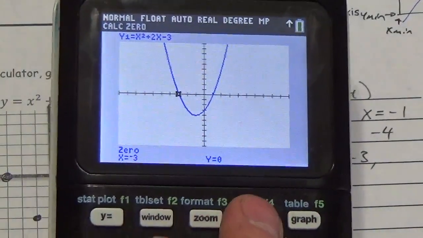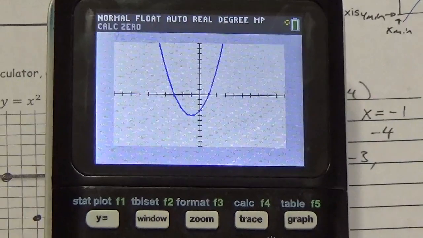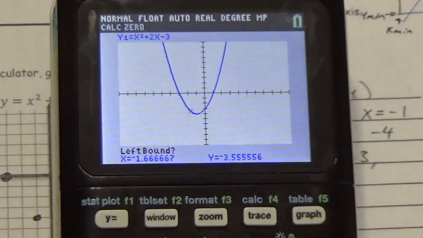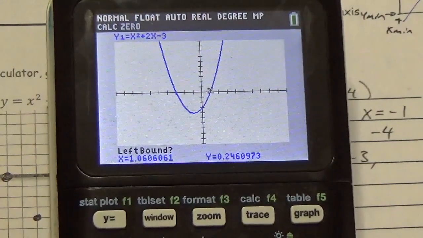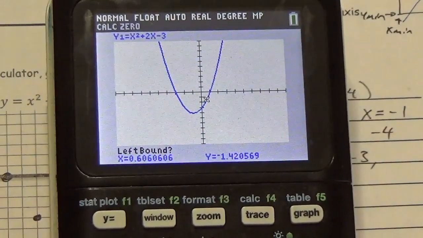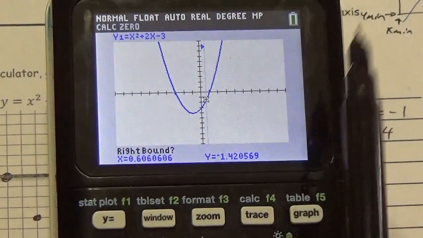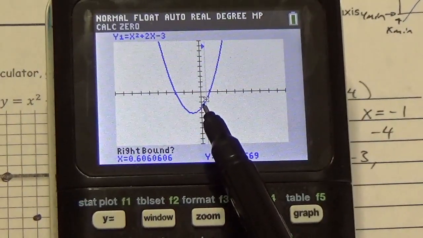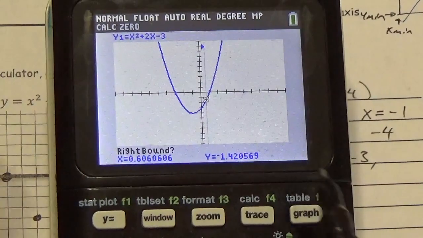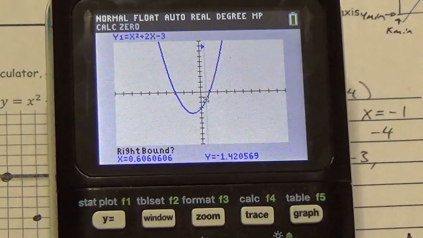Okay, now let's find the other one. So second trace zero, and this time I'm going to move my cursor to the other x-intercept. So I move it so it's basically on top, and then once again I go to the left a few times, and notice that this time when I went to the left it actually dropped it below. Okay, but the point is it's to the left. It doesn't really matter if it's above or below the x-intercept.